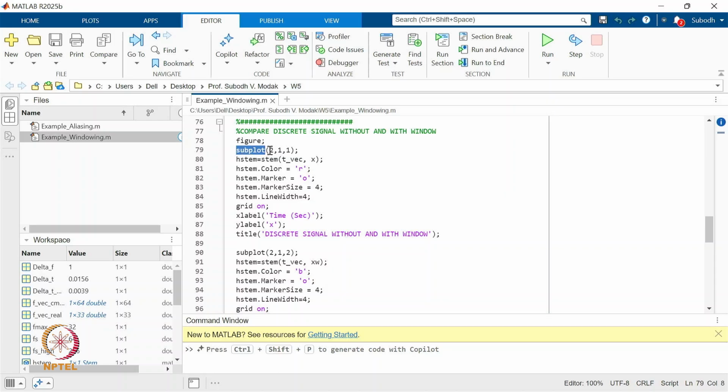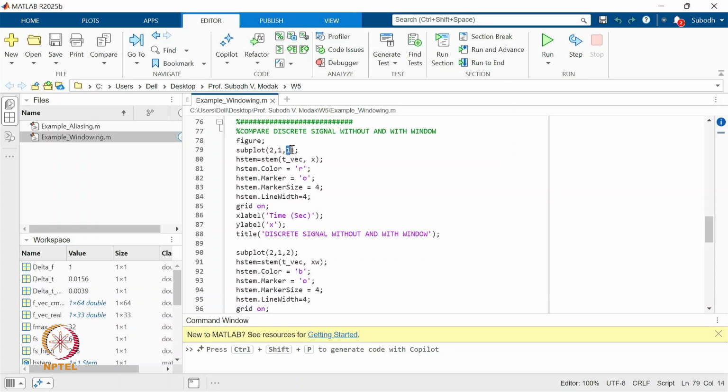So, in this command, first I am giving the indices 2, 1. 2, 1 means divide the figure into 2 rows and 1 column. That is the meaning of this, right. And then the last one indicates that I am currently utilizing the first of that matrix of plots.